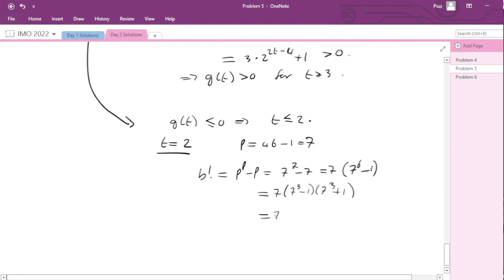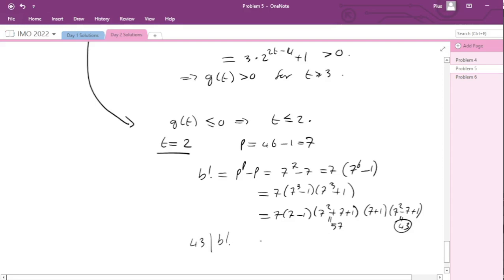Next, we can factorize 7 minus 1 out and 7 plus 1 out to get an idea of the factors. From 7 squared plus 1, which is 50, this is actually 43, for example. This is 57.